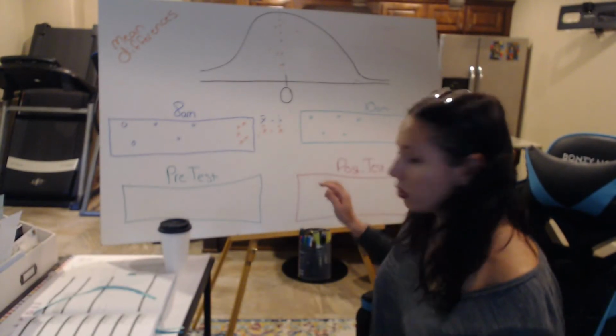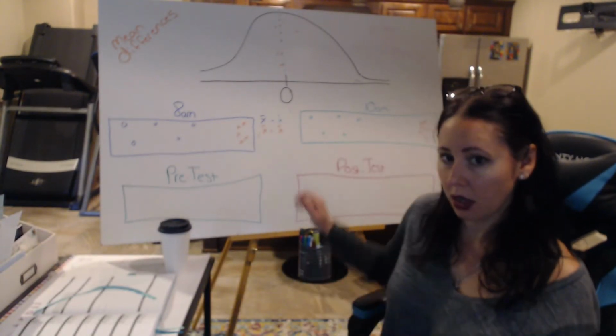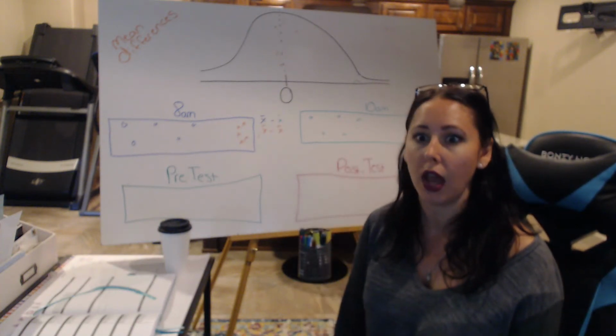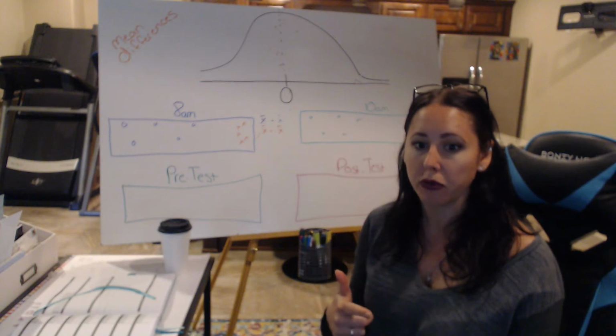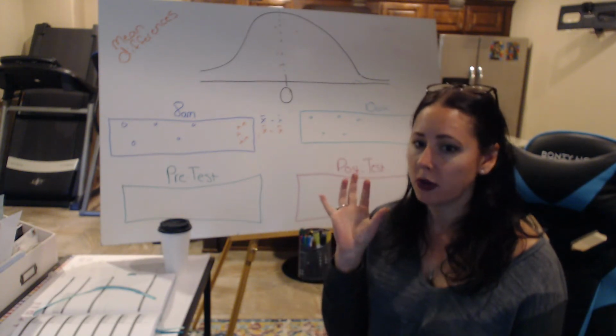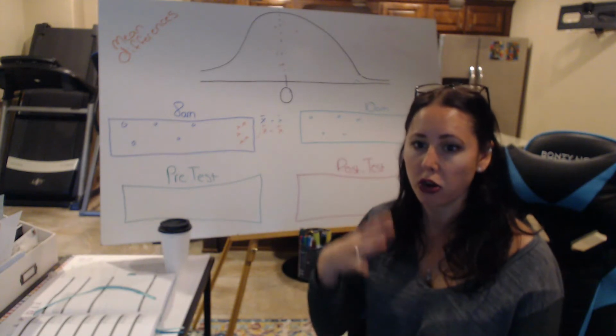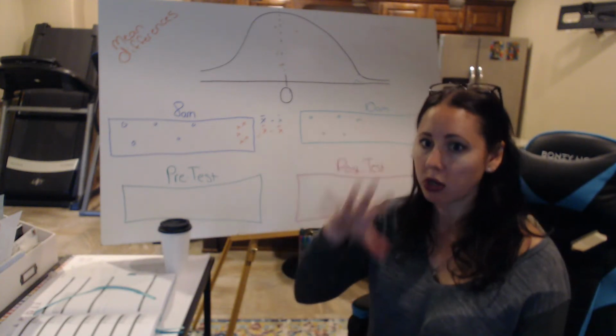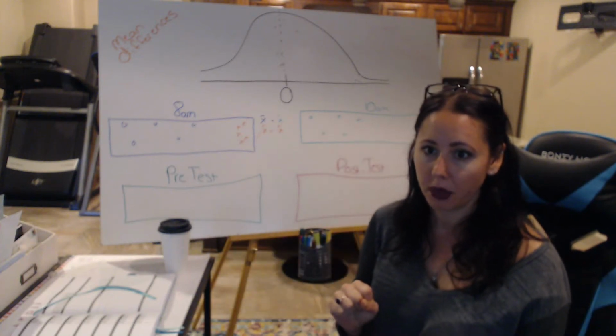Okay? So let's say that we are looking at, so your textbook used, if you can improve interpartner, I think they specifically used marriage, but if you can improve interpartner communication among men by doing a partner communication workshop. Okay?